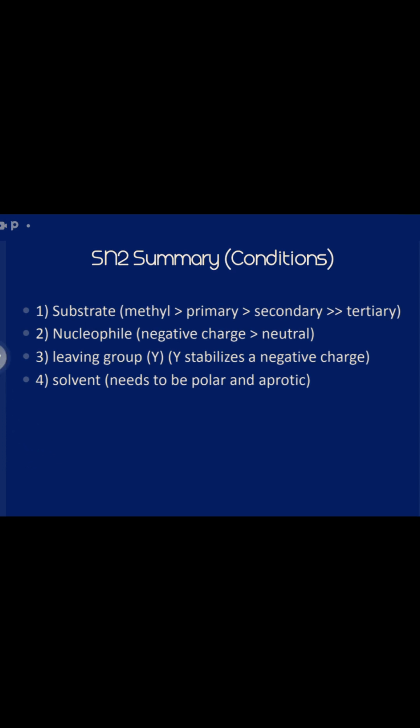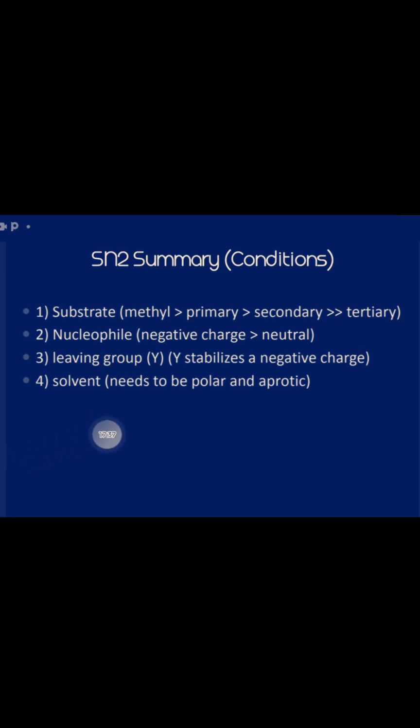Here we have the second point, that is nucleophile. Effect of nucleophile: a negatively charged nucleophile is a better nucleophile than a neutral nucleophile. A leaving group must stabilize a negative charge. A substance that stabilizes negative charge will be the best leaving group. And the solvent needs to be polar and aprotic.